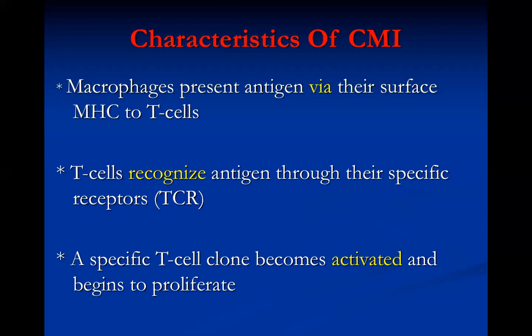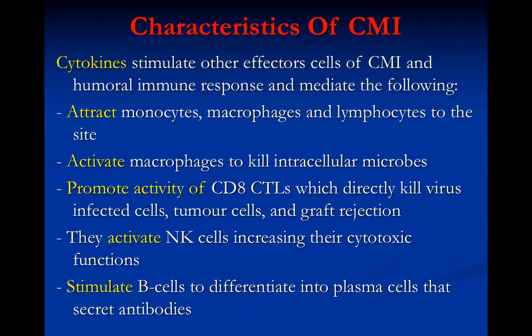B cells are in themselves also antigen presenting cells. Once the antigen is presented, the T cells will recognize it through their specific T cell receptors, and this will lead to clonal expansion. The T cell will become activated and begin to proliferate to make more copies of itself.